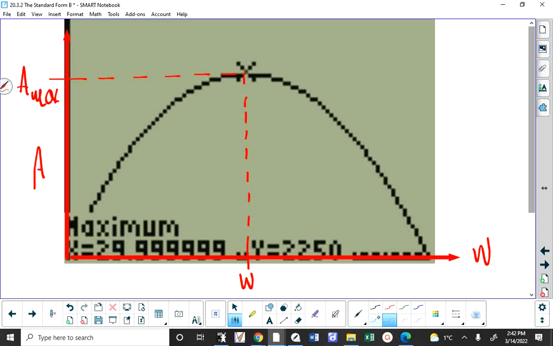Some of you went to the equation that we used for L, which would have been L equals negative 5 halves W plus 150. If you put in the 30 for W, you'll get the right length. Some of you, like me, just said, well, if I have 30, 30, 30, 30, 30, that's 150. I've got 150 feet left. Divide it by 2, I've got 75 for the length.